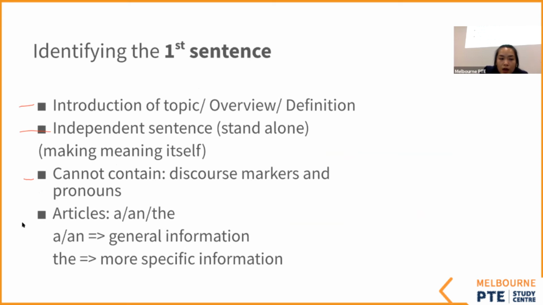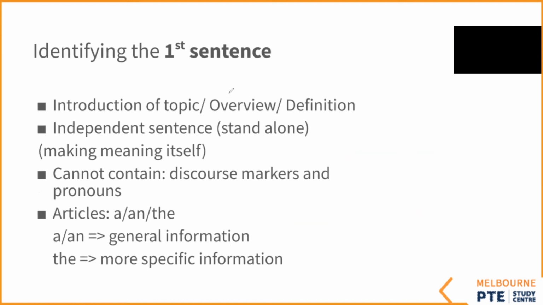The last one, articles. Tell me why sometimes you use the articles a and an, and why sometimes you use the article the? What's the difference? For example, there is a chair in this room, and there is the chair in this room that I like. The chair is specific.